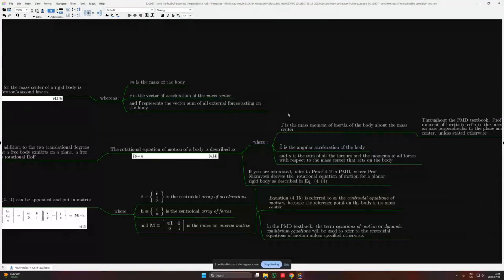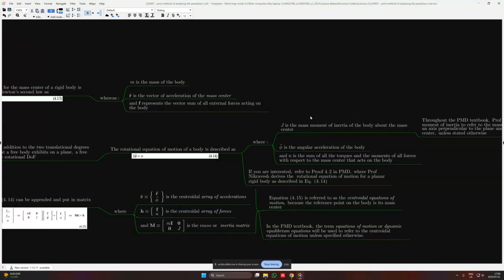You'll see, I think perhaps from your mechanics of materials textbook as well, you do have some standard formulas available for, let's say, rods or rectangular sections, and usually they give it either about some endpoint or they give it about the mass center. For our case, since we're working with the centroidal equations of motion, J is also always taken around the mass center.